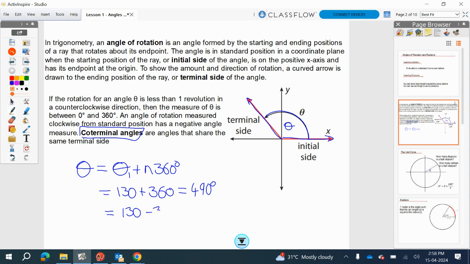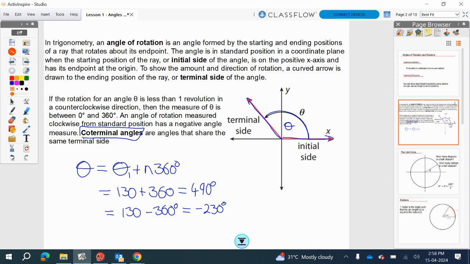So we can take one lot of 360 degrees away. 130 minus 360 is going to give us the negative angle of -230 degrees. So this is a possible coterminal angle to 130 degrees, which is negative.